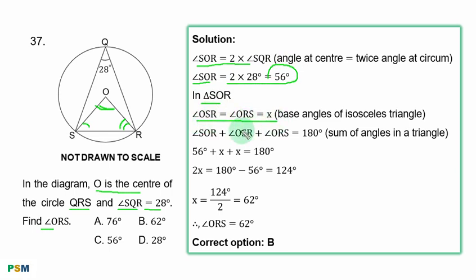In that triangle, you add the 3 angles, the sum is equal to 180 degrees. You have this result, and S is equal to 62 degrees. Therefore, S, which is one of the base angles, angle ORS, the required angle is equal to 62 degrees. The correct option is B.